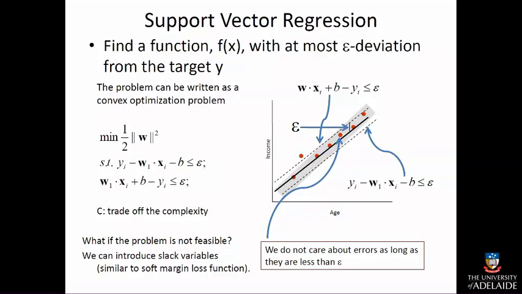Again, this is the same as in the case of classification. Sometimes this is also called epsilon insensitive loss: if the error is less than epsilon, there's no loss.